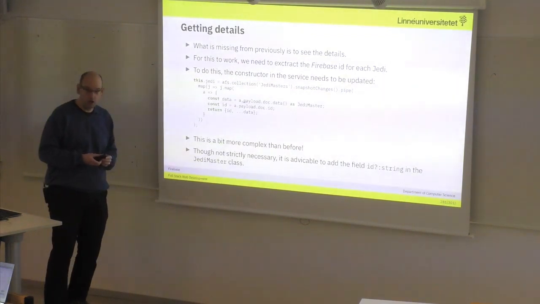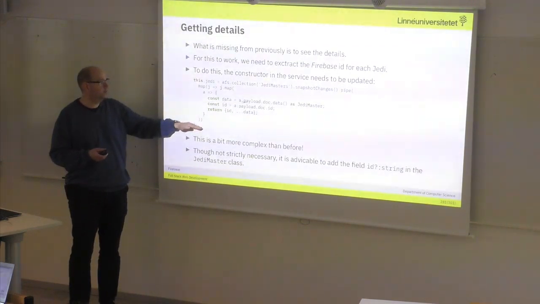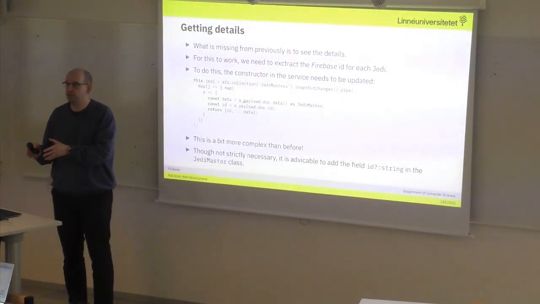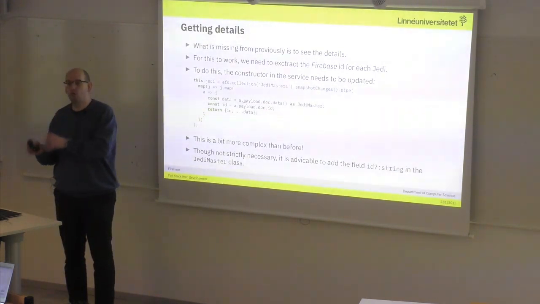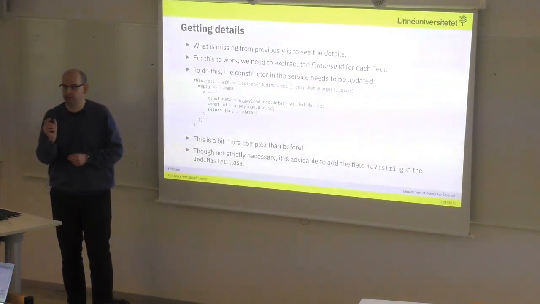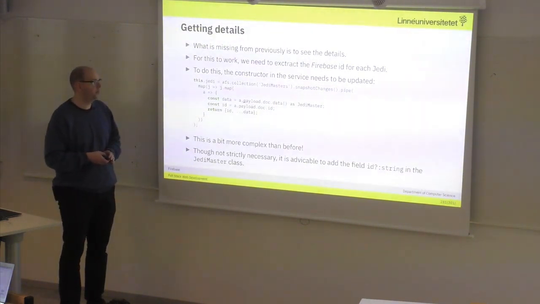I don't know. Basically, what this does, that we put in our service, is not only to get the data as we did previously, but get all the data, even the ID that we have set as auto. So the auto ID will also be fetched when we do this.